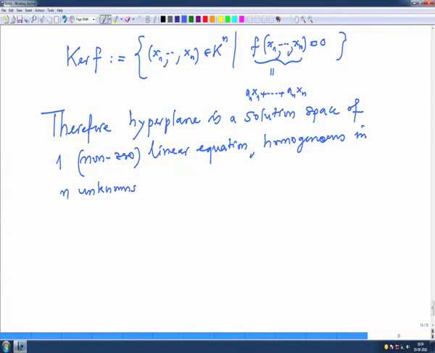So, if you want a hyperplane in an n dimensional vector space, it is the solution space of one homogeneous equation in n unknowns.